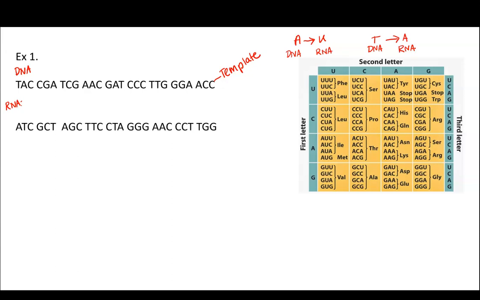So let's go through making our complementary strand. If we have a T, we're going to insert an A. If we have an A, we're going to insert a U. And if we have a C, we're going to insert a G. C pairs with G, G pairs with C, A pairs with U, T with A, C with G, G with C, and so on.